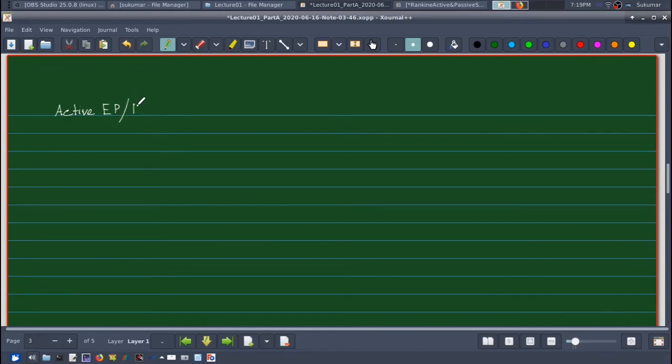We can also discuss the passive earth pressure at the same time, because they can be explained by the same basic concepts from Mohr circle failure.